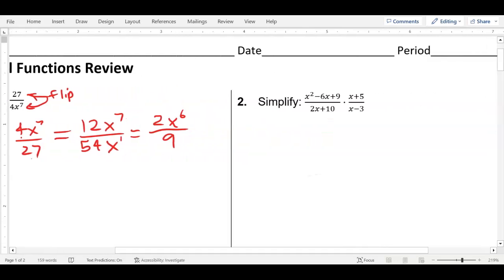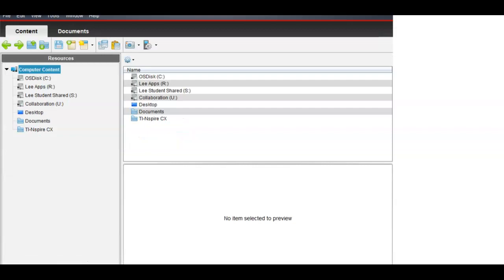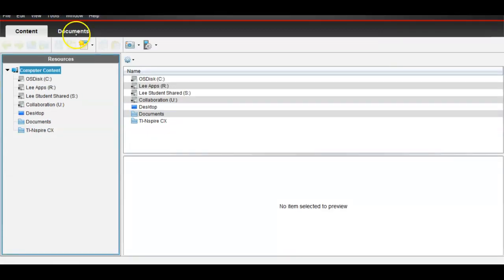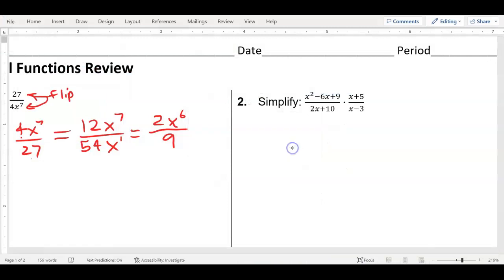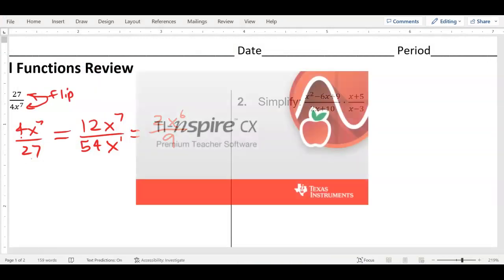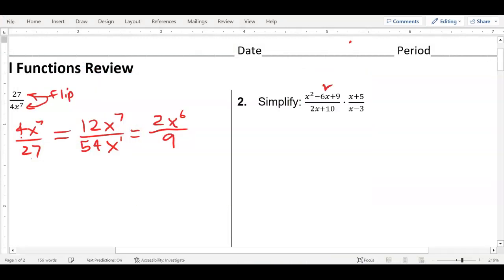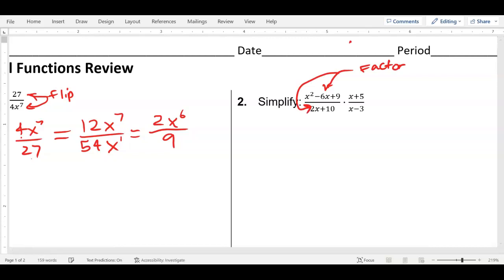So on number 2, we're going to multiply. Before we can even multiply, we need to factor this and factor this so we can kind of see what can eliminate.